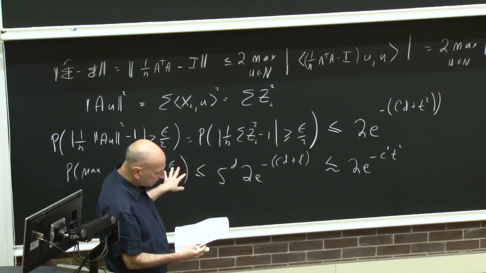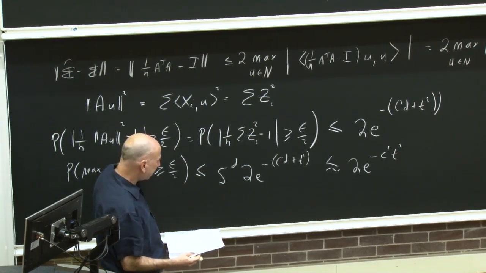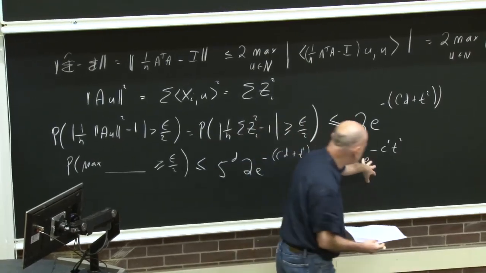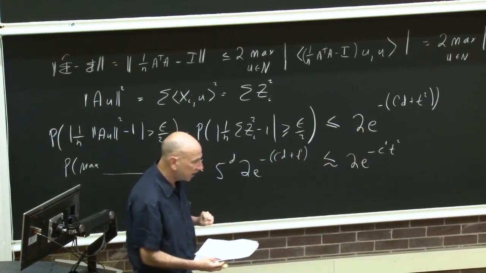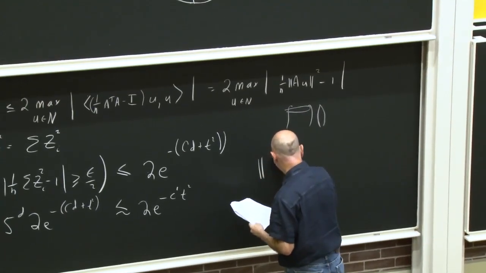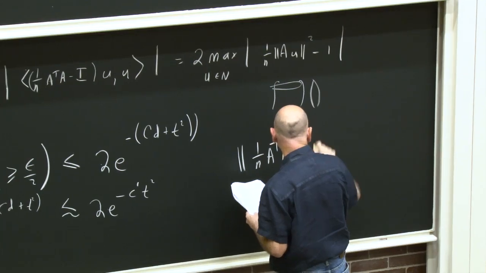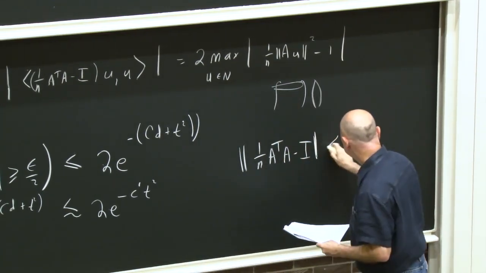And from that, we get that this is concentrating. If I set this to be some small probability and solve for epsilon, you get that. I'm sorry, I'm doing this kind of sketchy. I realize I'm going quickly.